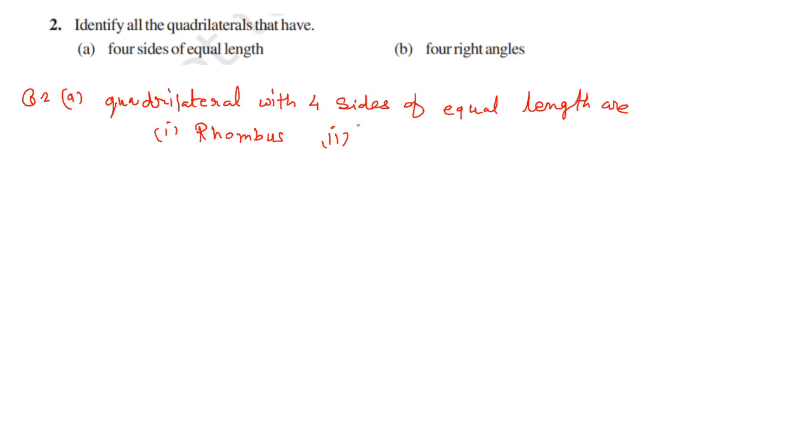Second one is the square. Now B. A quadrilateral with four right angles.